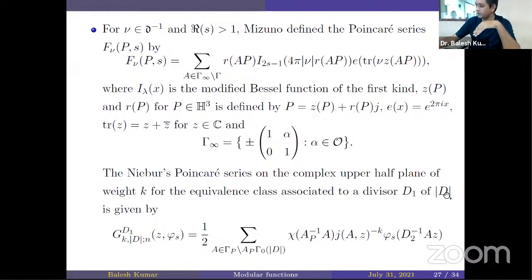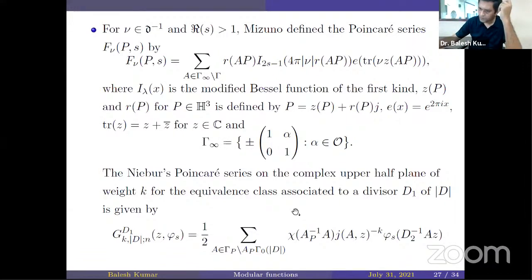In the case when D is square free, there is a one-to-one correspondence between the positive divisors of D and the cusps. So this D1 corresponds to the Poincare series at that cusp, and he defines suitable Poincare series on the complex upper half plane of this type.